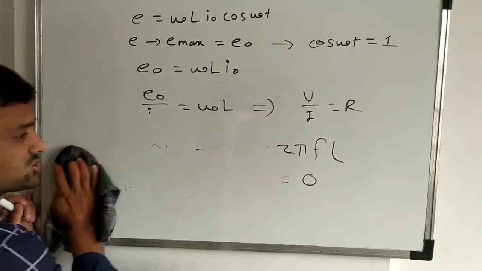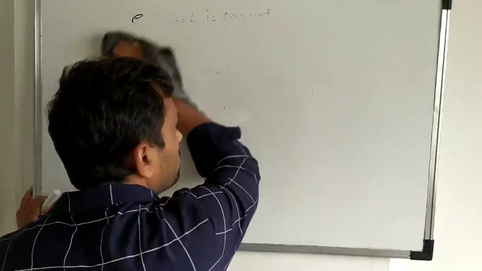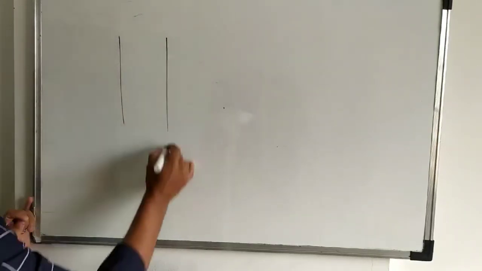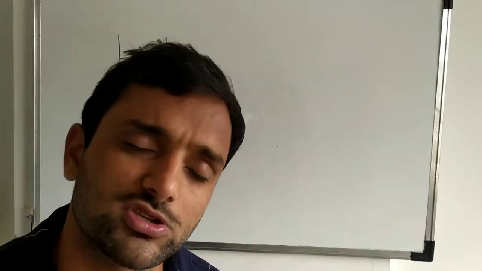How is the capacitor constructed? If you look at the construction, the capacitor is like a parallel plate capacitor. Two metal conductors, or two metal plates, are separated by some insulating material or by space.